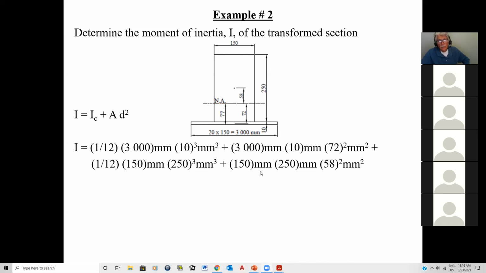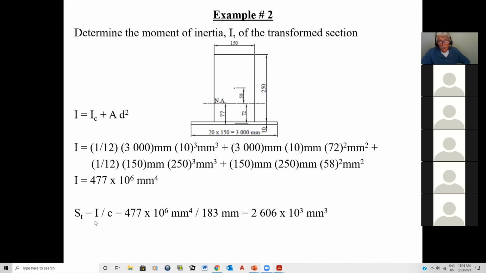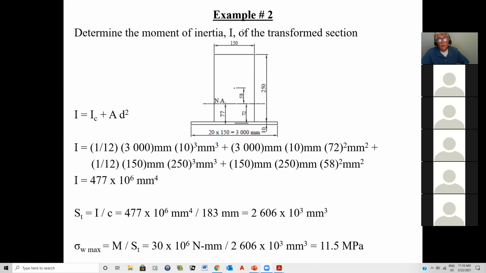So now I get I equal to 477 times 10 to the 6. Of course, the I would be astronomically bigger because the areas are astronomically bigger. And the section modulus now, believe it or not, becomes at the top because I'm trying to calculate at the top for the wood. And if I do this, the thing that's amazing is that, whichever way I do it, the stress is exactly the same as I calculated when I transformed everything into steel.